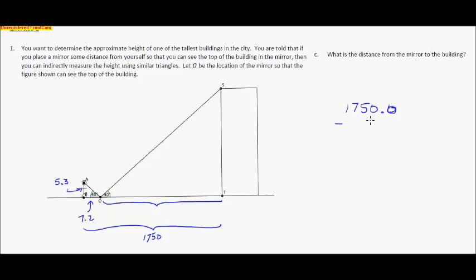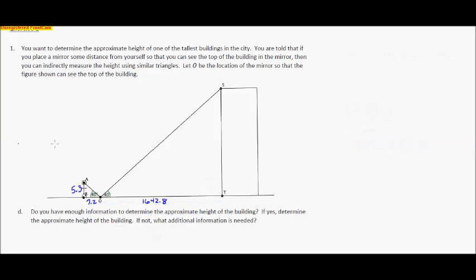So if I take that 1750 and take away 7.2, I get 1642.8 feet. So the distance from the mirror to the building would be 1642.8, and I could put feet on there if I like.